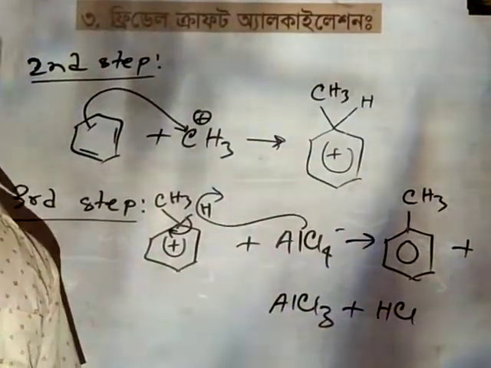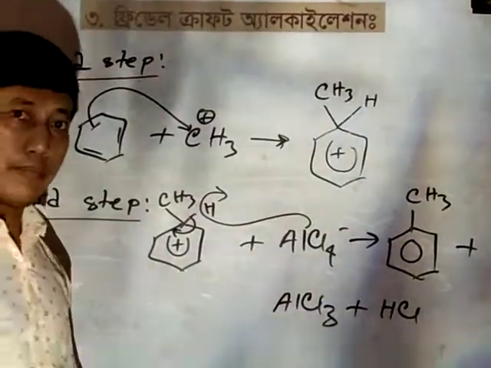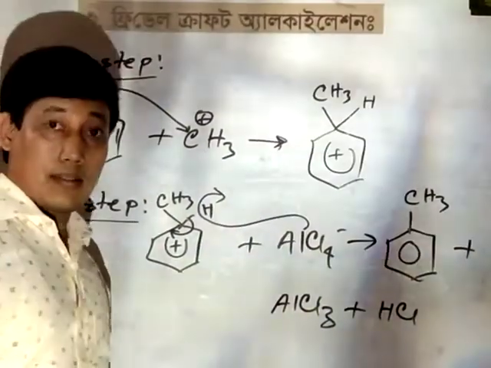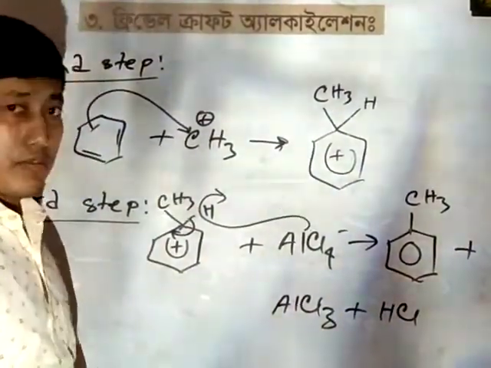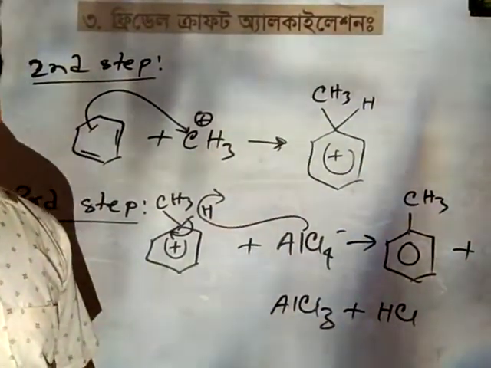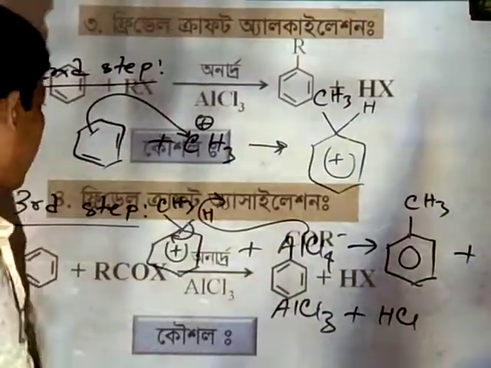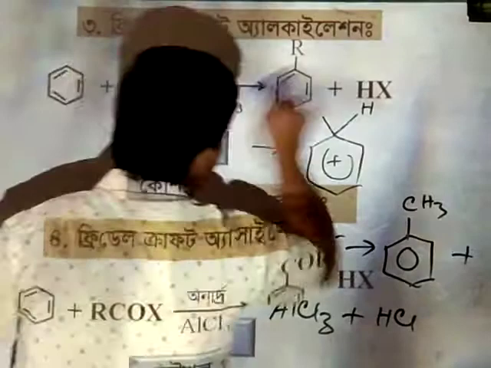So dear student, I hope you have understood the two mechanisms of the electrophilic substitution of benzene. The one is sulfonation and the other is the alkylation reaction. We have the rest of the electrophilic substitution reactions, like Friedel-Crafts acylation.